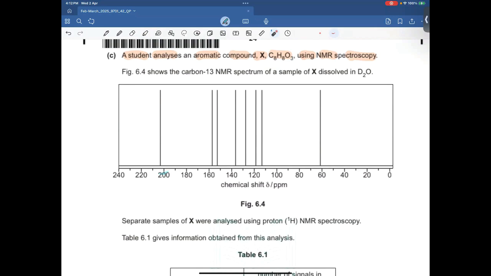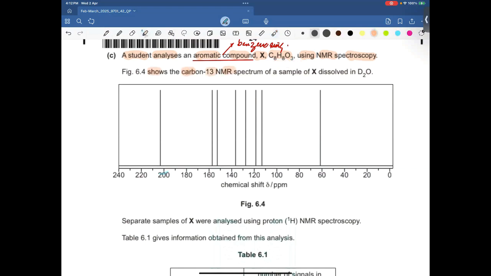I got one piece of information: it is an aromatic compound, which means it contains a benzene ring. This is the first piece of information from the question. Still, I don't know how many groups and what sort of groups are added to the aromatic ring, and we need to find that out. For that, let's move on to the next part.